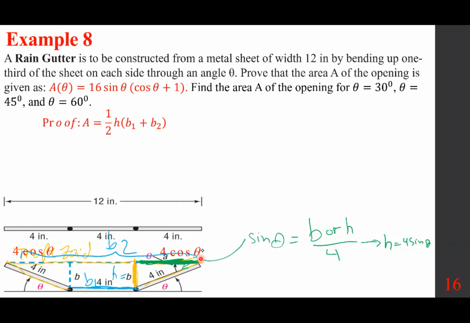Now we have this distance, which is identical to this distance, and this is 4 cosine theta. I'll go over that as to why. And this distance is the same as this distance, which is 4. So we have 4 cosine theta, and 4. Why is this 4 cosine theta? If you look at this, cosine theta is the adjacent.